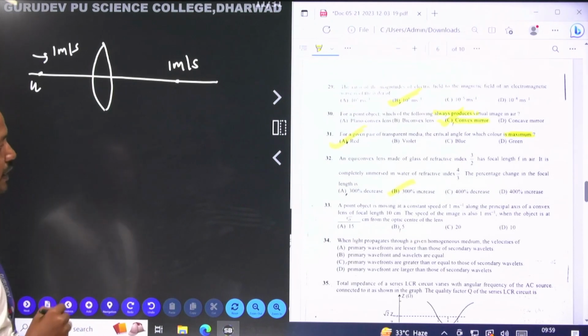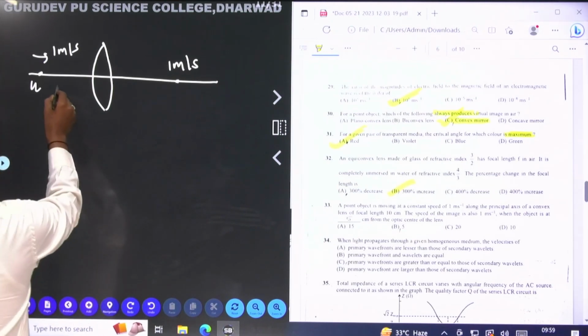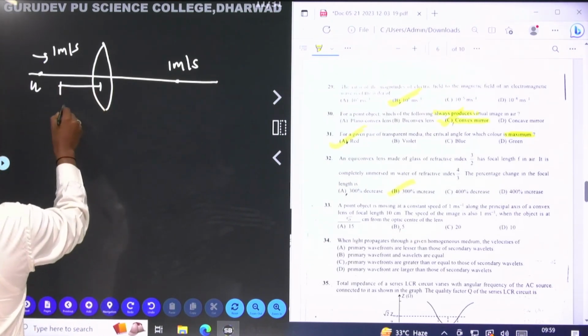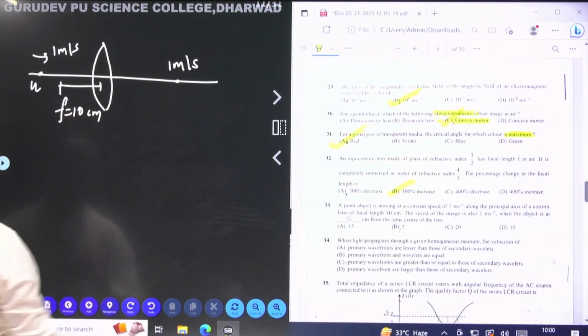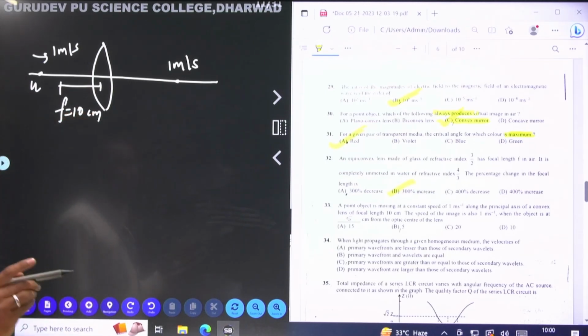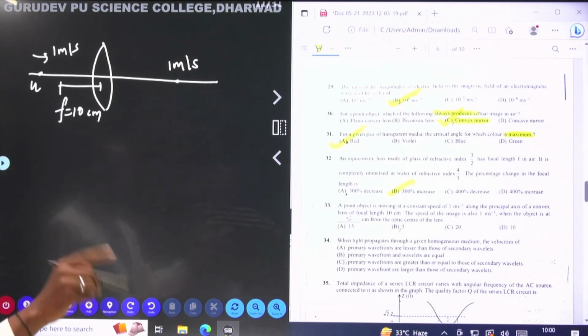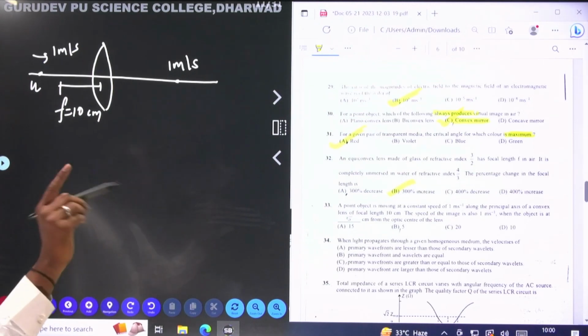The focal length of this lens is 10 centimeter. Now you need to calculate at what distance from the center of the lens the object must be placed to have a speed of 1 meter per second.